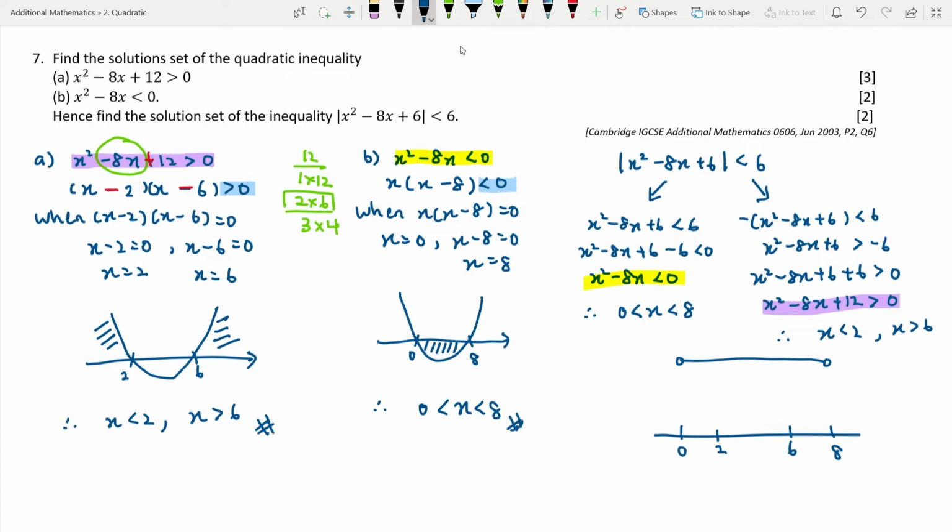For the second one, x is less than 2. And the last inequality, x is greater than 6. We need to find the area where the inequalities overlap. Therefore, our final solution will be x is between 0 and 2, and also x is between 6 and 8.